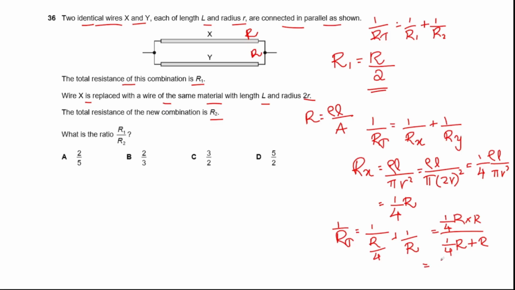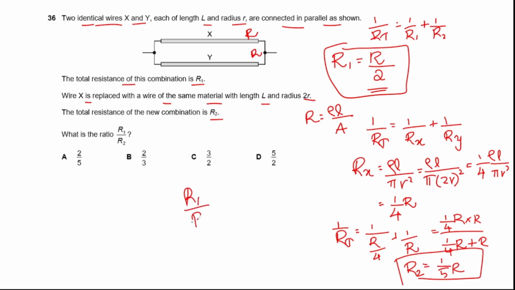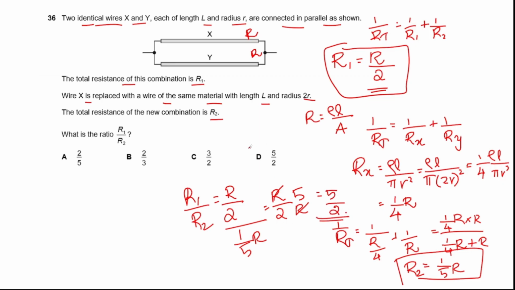So the value is 1 by 5 R. This is the second total resistance, and the first one was R by 2. So R1 by R2 will be equal to R divided by 2, divided by R2, which is 1 divided by 5R. You can just write it like this for simplicity. R and R get cancelled, leaving 5 by 2. So this is the answer, and the correct option is option D.